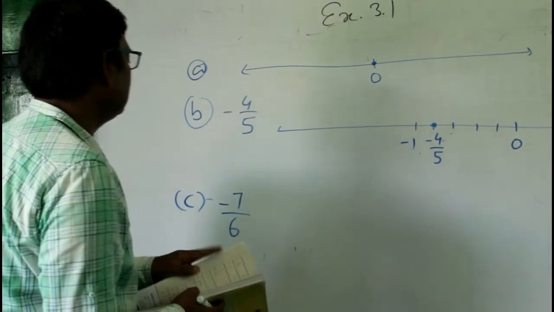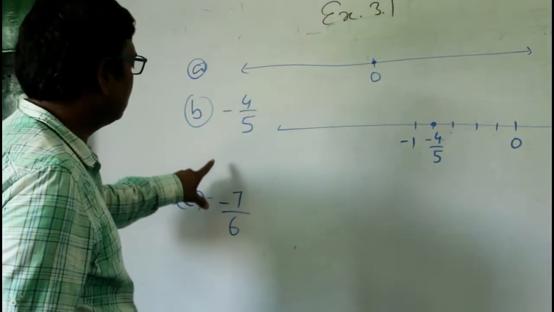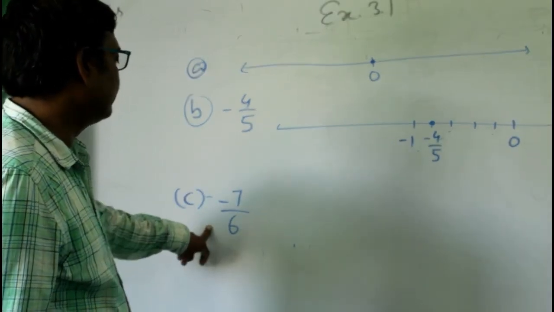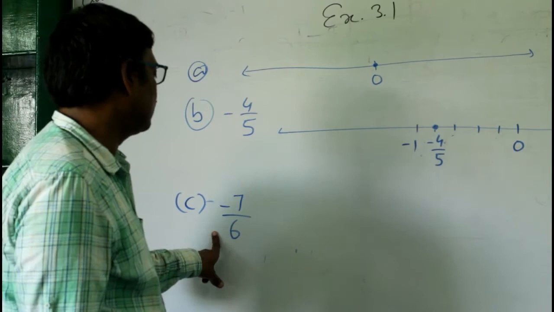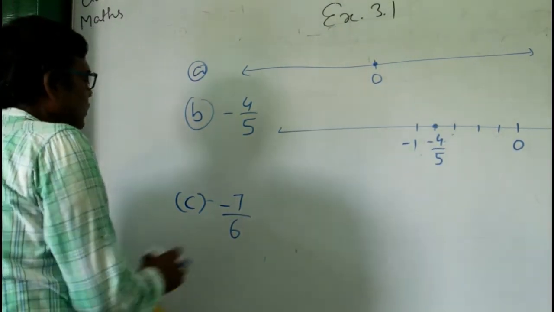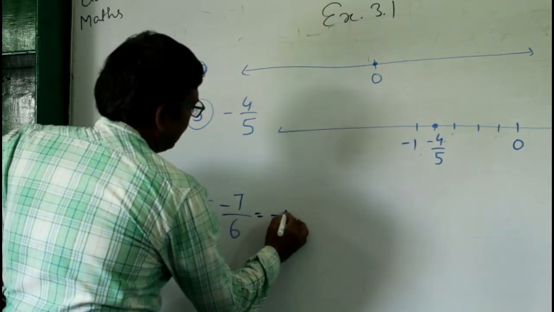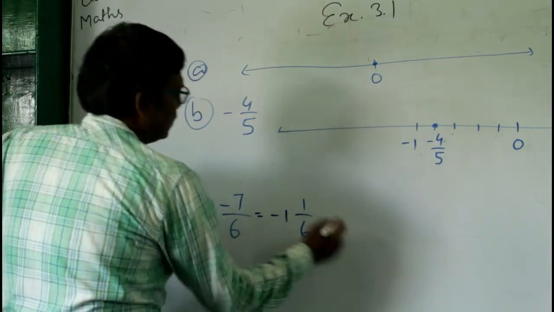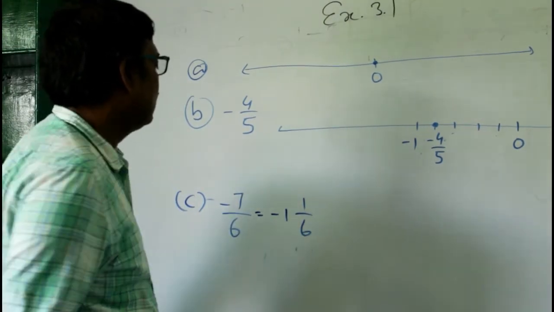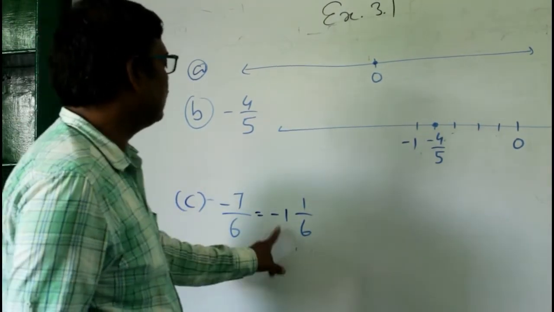Now in this number C, first find out whether this number is less than minus 1. Okay, this number is less than minus 1 but greater than minus 2. Because if you write, this will be minus 1 and 1 by 6. So this number is less than minus 1 and more than minus 2.